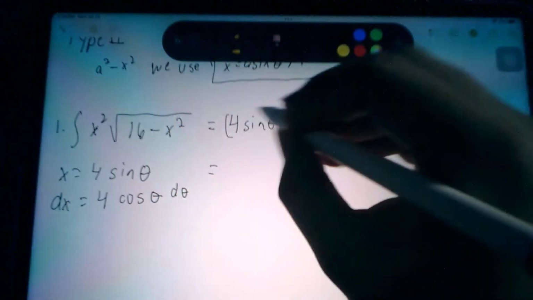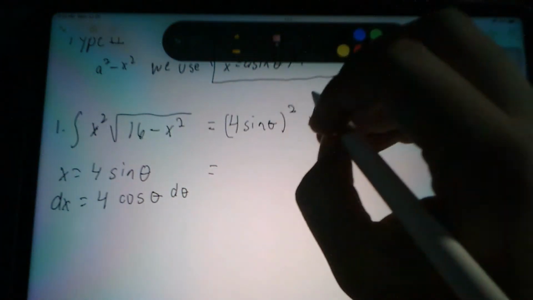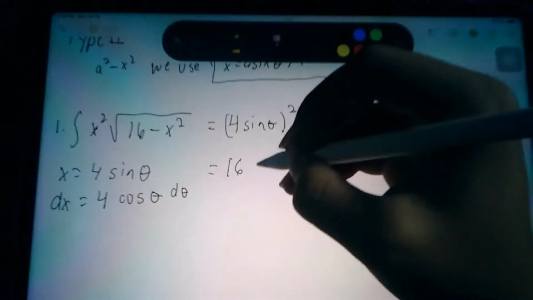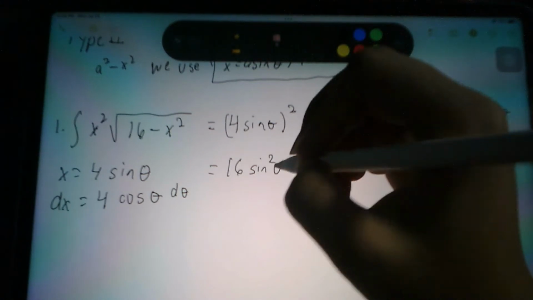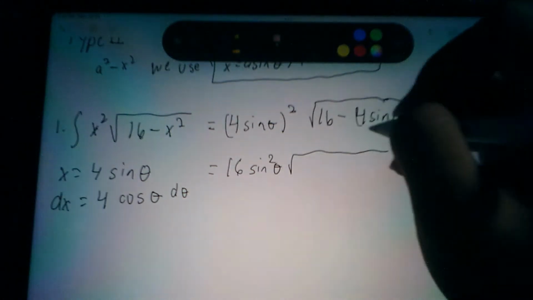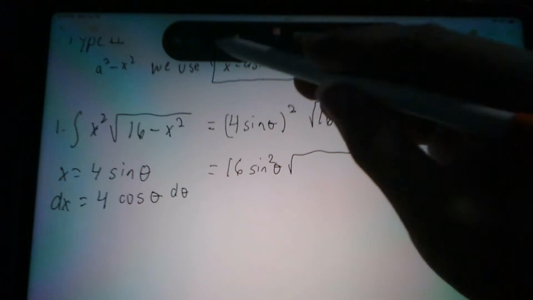So 4 sine theta raised to 2 is equal to 16 sine squared theta. This is the integral.